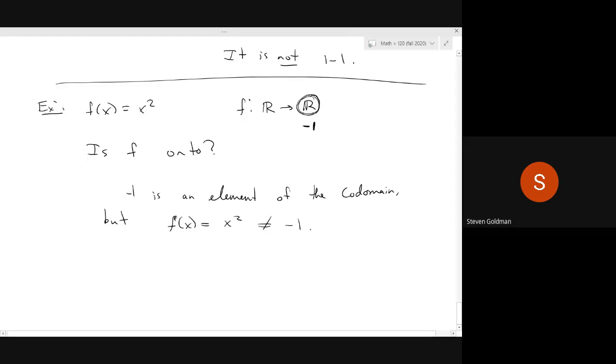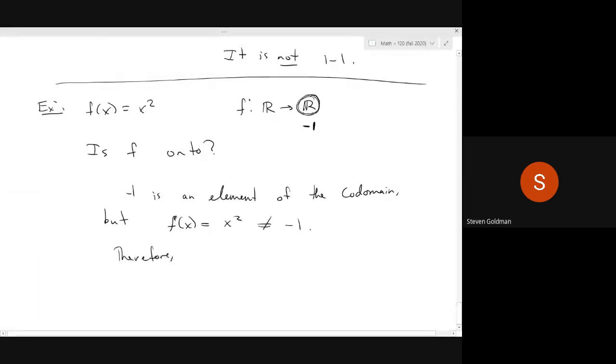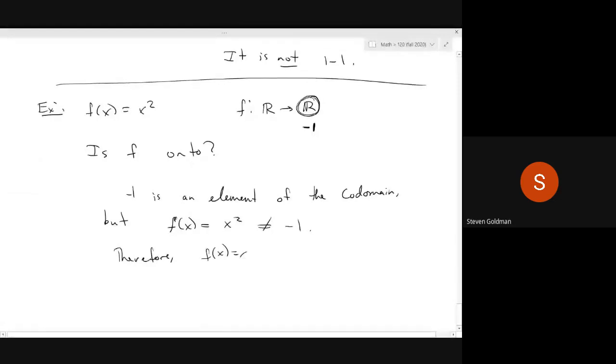So -1 has no image. There's no x value that I can plug in from the domain to get -1. So therefore, this function is not onto, okay? It doesn't cover every element in the codomain. So f of x equals x squared is not onto, okay?